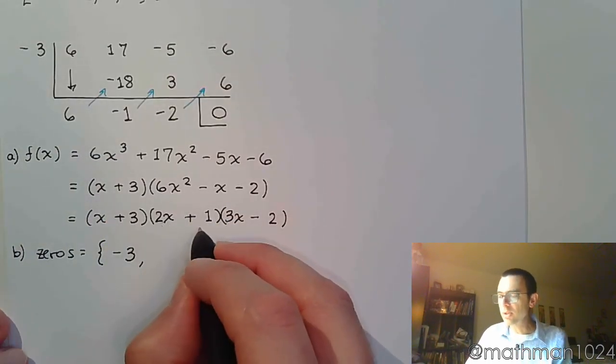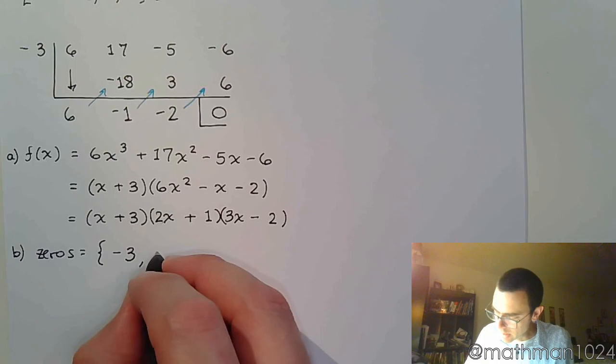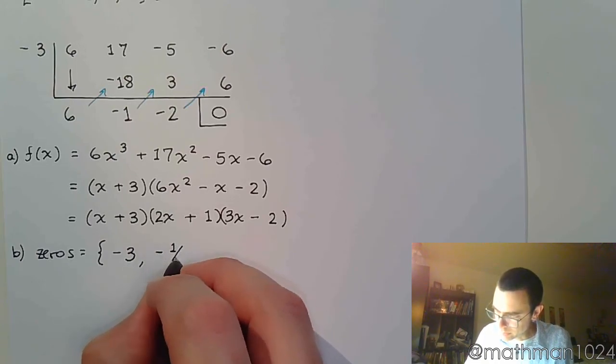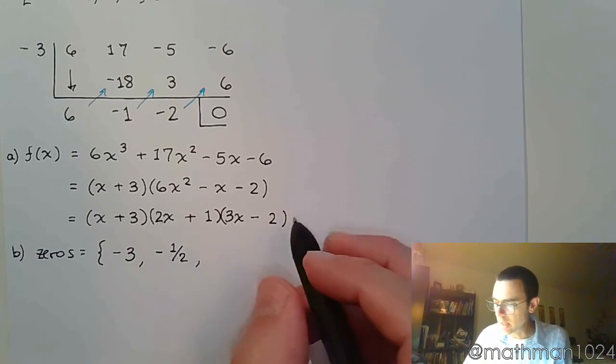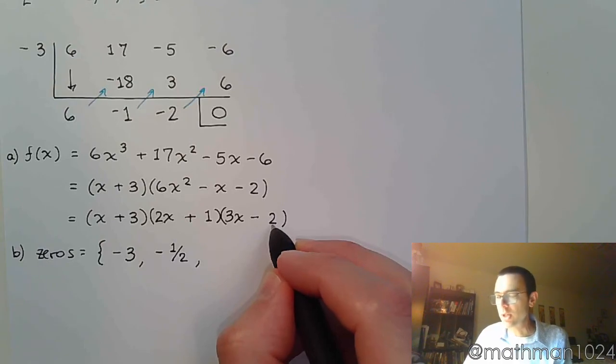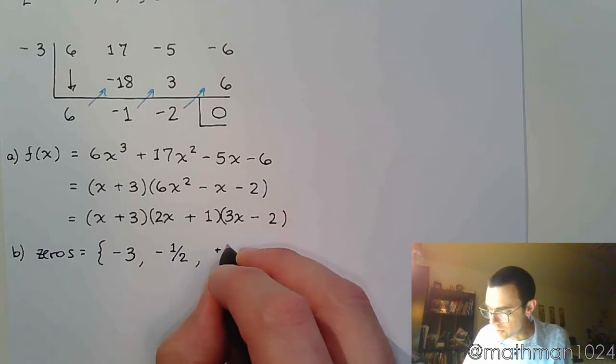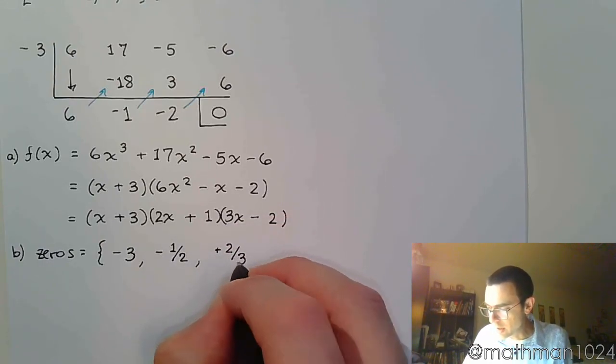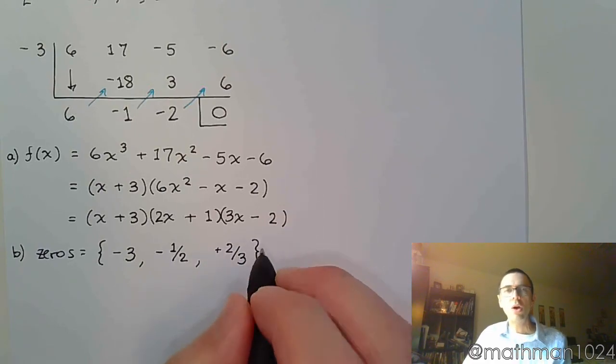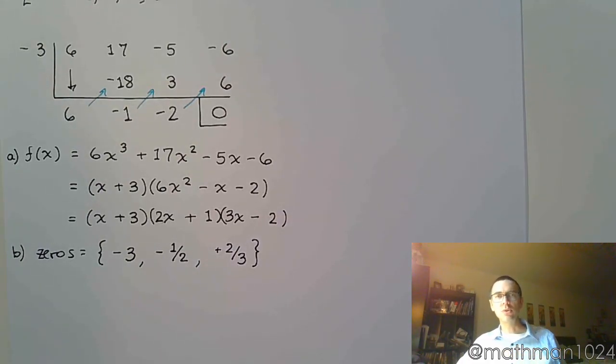If I take 2x plus 1 and I set that equal to 0, you would subtract 1, divide by 2. If I set this factor equal to 0, I would add 2 and divide by 3. All three zeros are rational, which means they should all be found among the list of possible rational zeros according to the Rational Zeros Theorem.